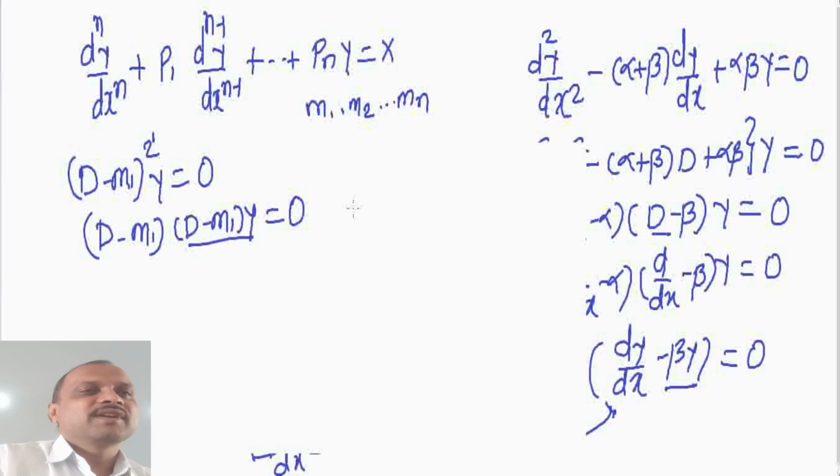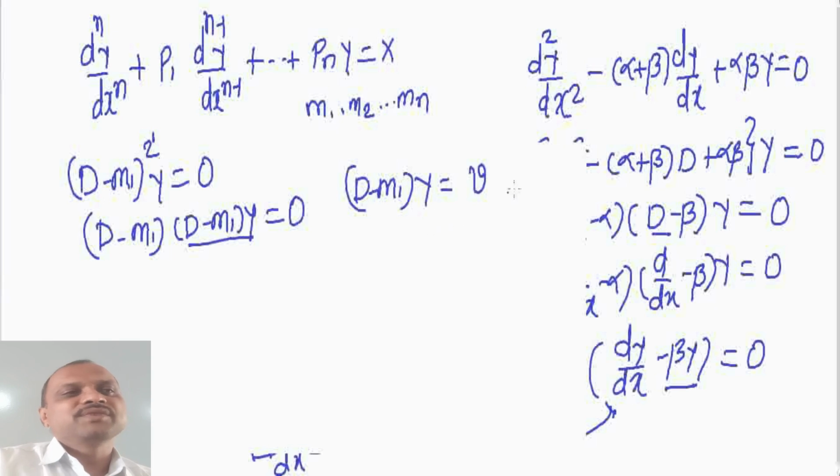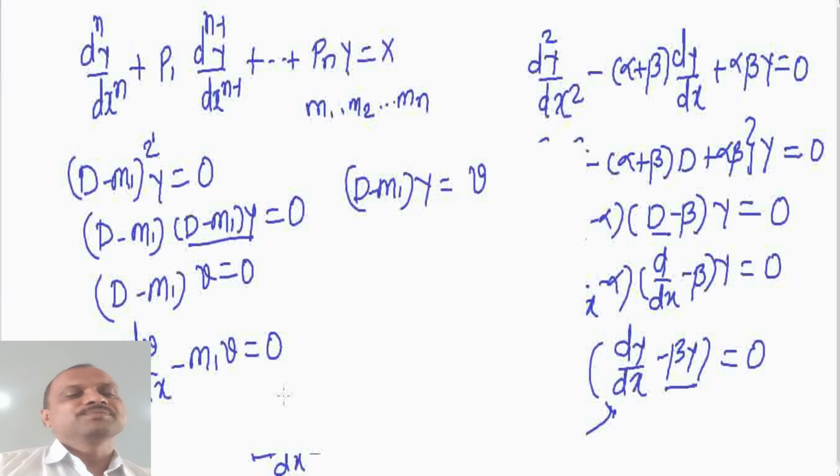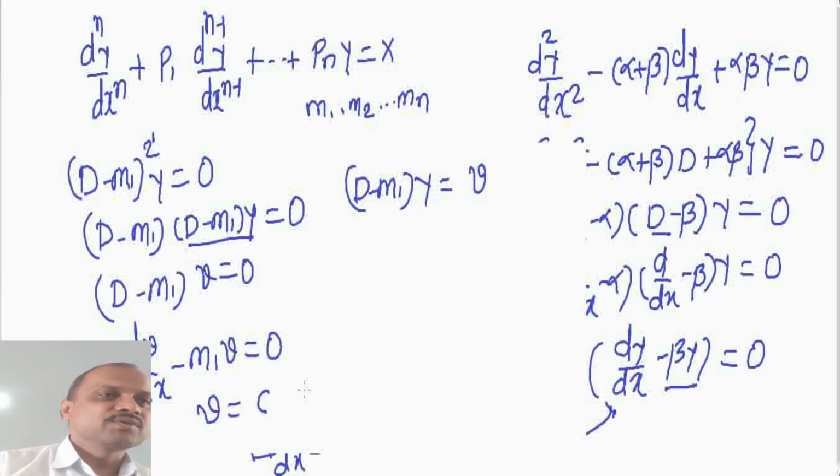Now friends, for this (D minus m1) y, we put v, so that this equation becomes (D minus m1) v equal to 0, or dv by dx minus m1 v equal to 0. This is a first order differential equation, and its solution is v equal to c e raised to m1 x.